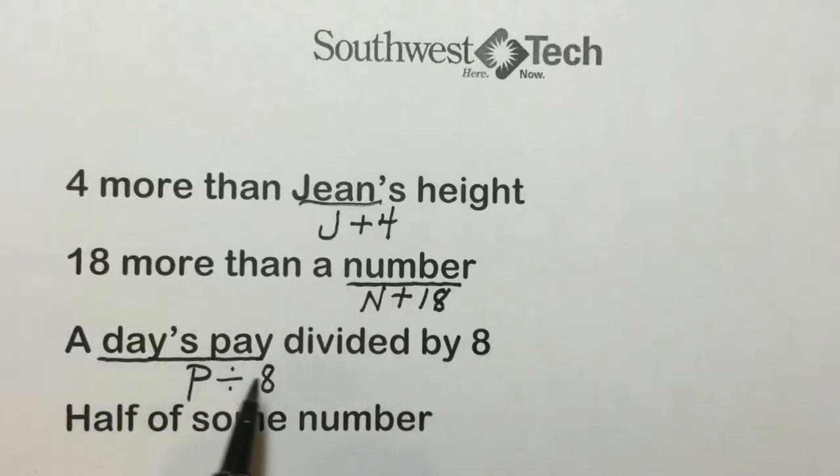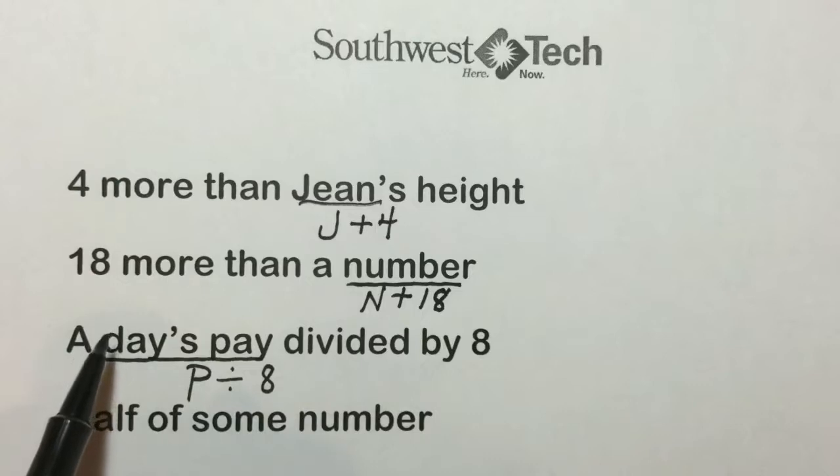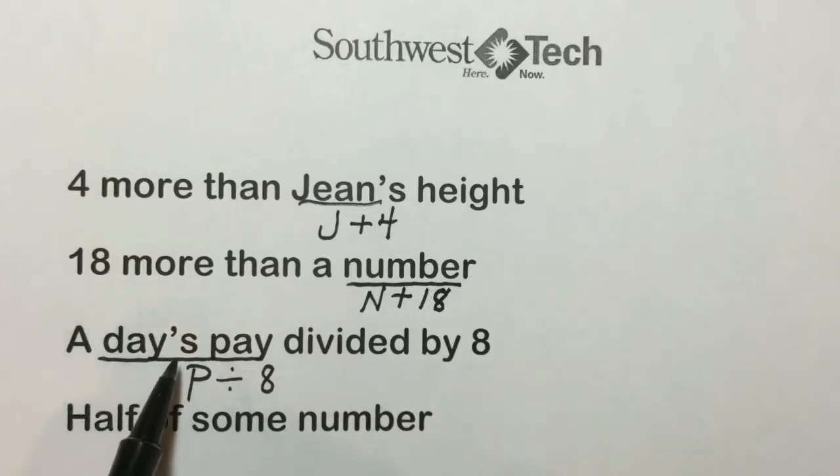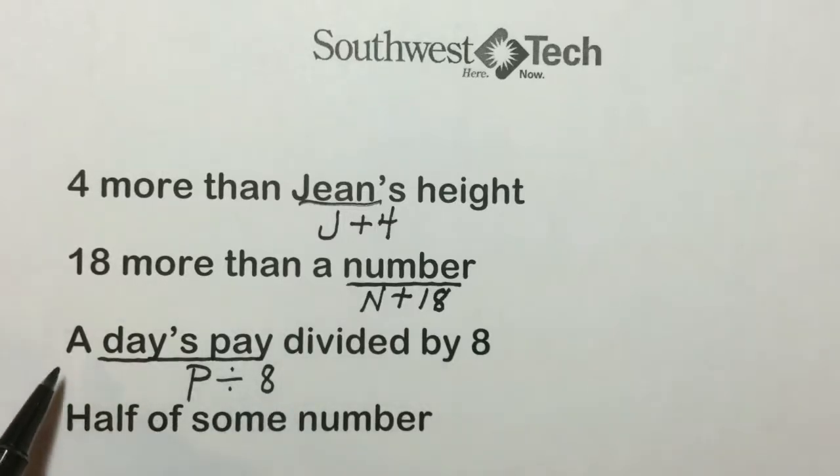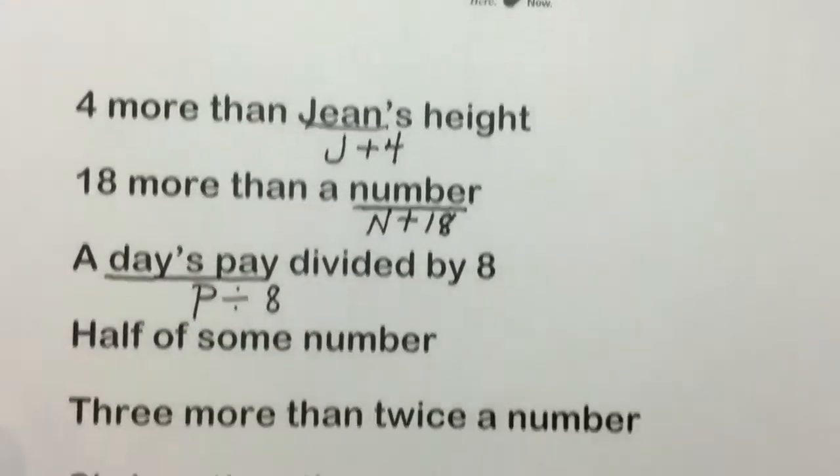Since pay was first and 8 was second, this is how we would translate that. Had the problem been 8 divided by a day's pay, we would have had the 8 in front divided by p. So subtraction and division are problems that we do have to pay attention to the order, because they do not hold for the commutative property. And we'll get into that later in an upcoming video.